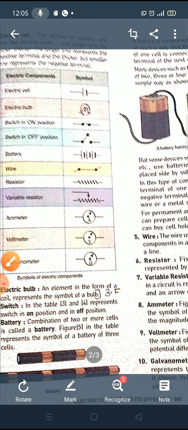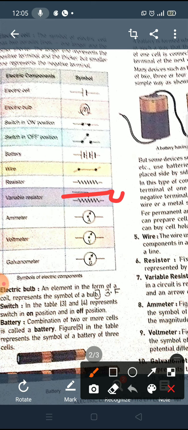This is the wire, this is the key symbol, then it is attaching by this point, means both points of the cell, and this is a wire. So it is called switch on because it is attaching. And when we show switch off, it means it is not attaching.